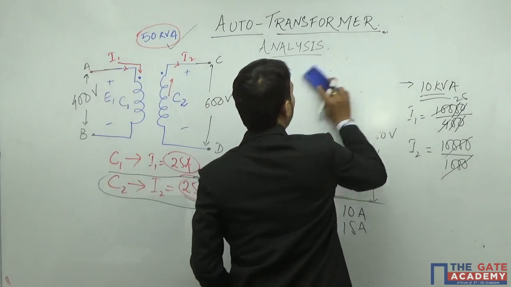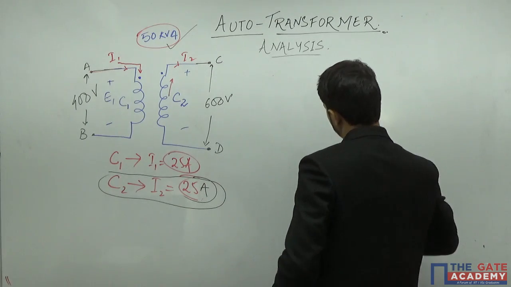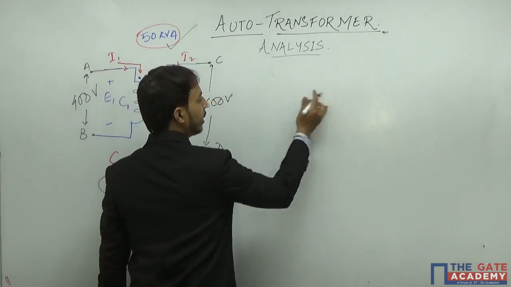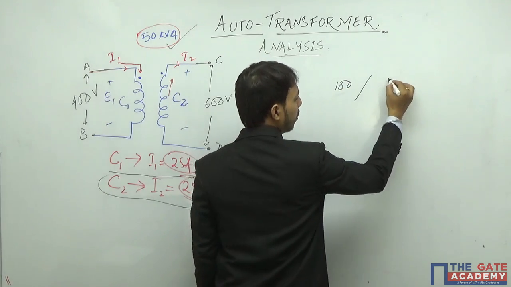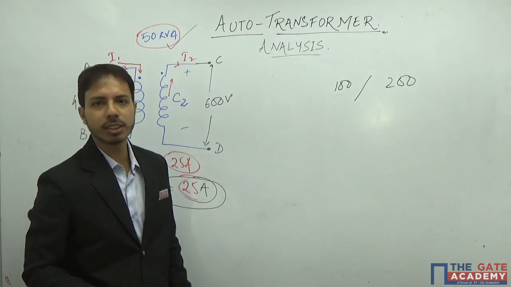So I have already told you in which case we will be having maximum kVA rating. In this particular question, it is 100 by 200, and this is 2 kVA.